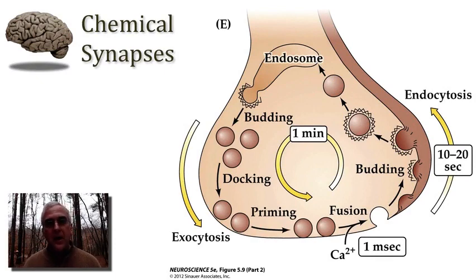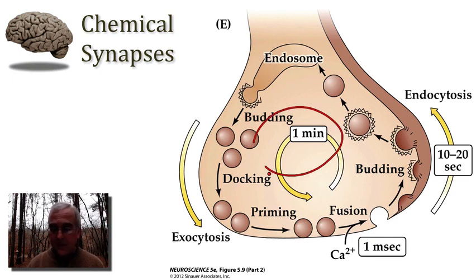Just a word about the timing of all of these events. Chemical synapses are slower than electrical synapses, but chemical synapses are still quite fast, and it really is remarkable how quickly these activities can unfold. For example, the process of forming a synaptic vesicle and filling it with neurotransmitter, docking it, having it ready to go at an active zone might take place in less than a minute.